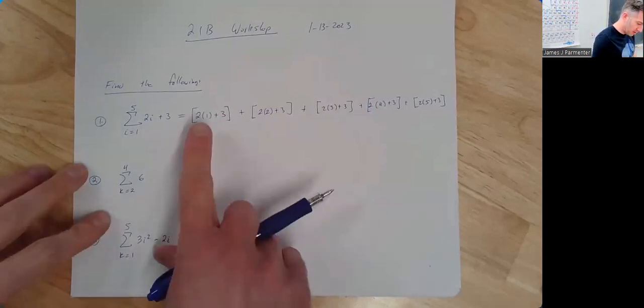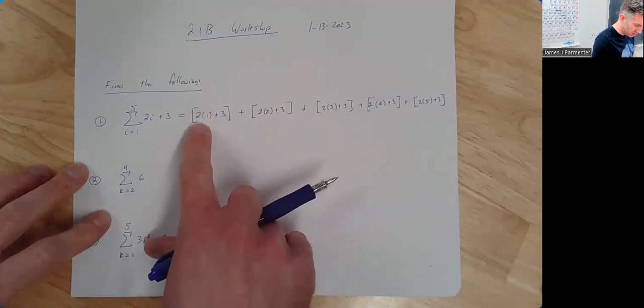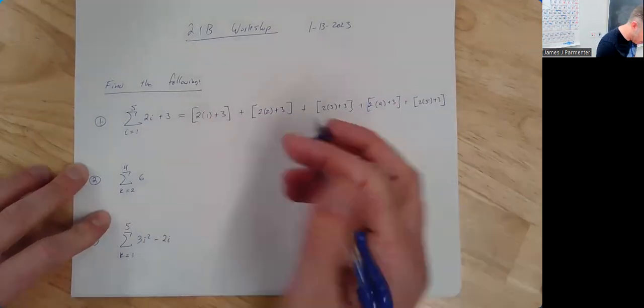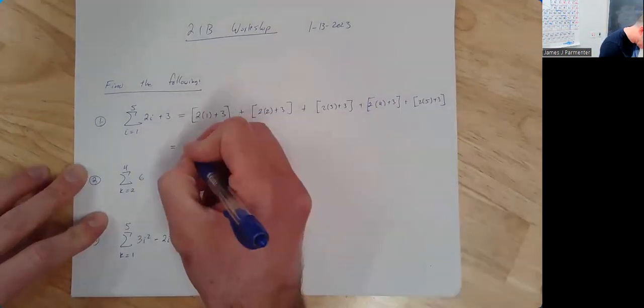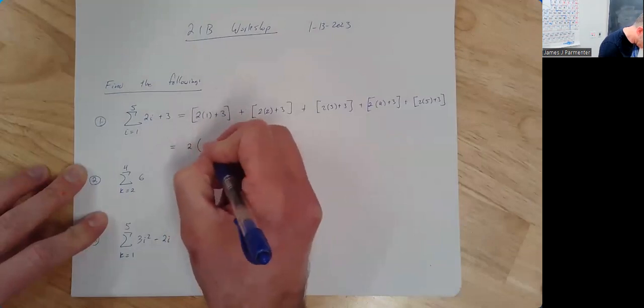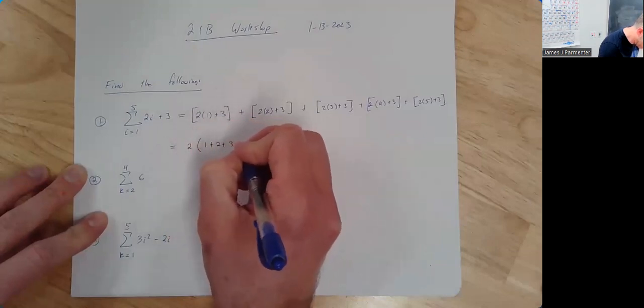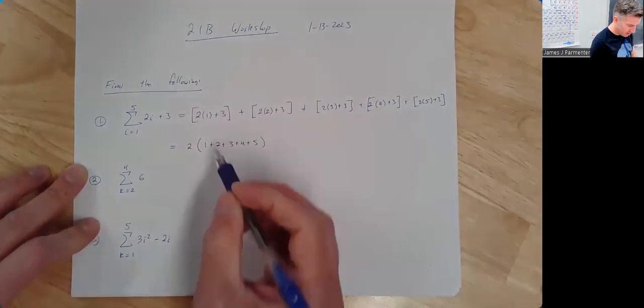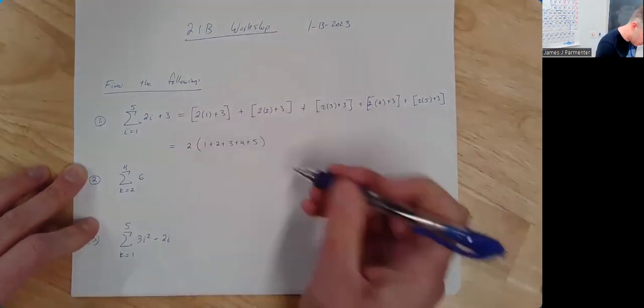We can break this apart into the first terms, 2 times 1, 2 times 2, 2 times 3, 2 times 4, 2 times 5. That's 2 times (1 plus 2 plus 3 plus 4 plus 5), and then 3 plus 3 plus 3 plus 3 plus 3.